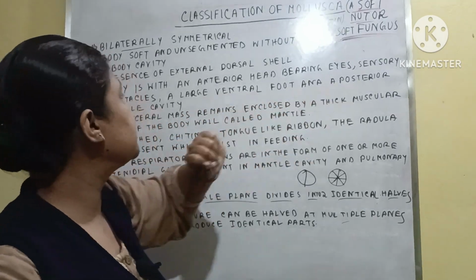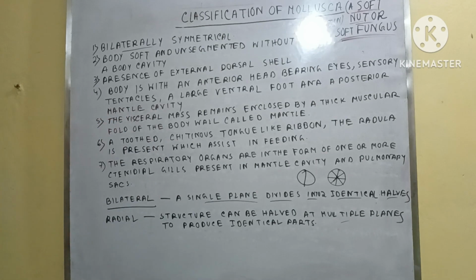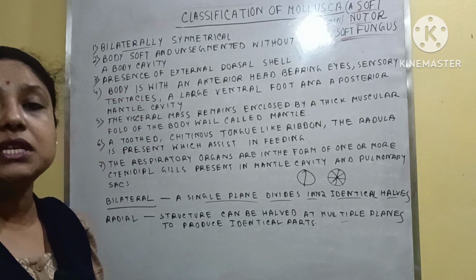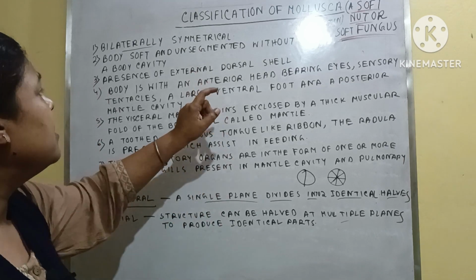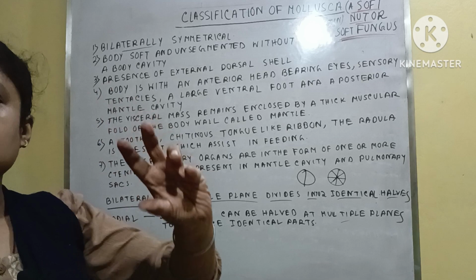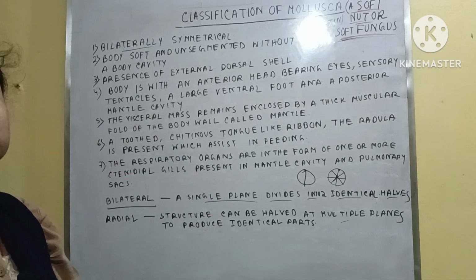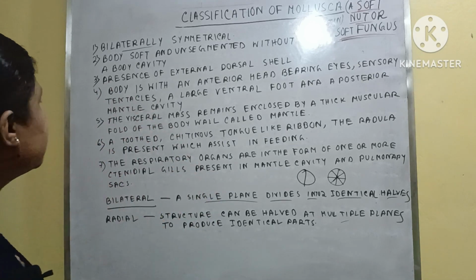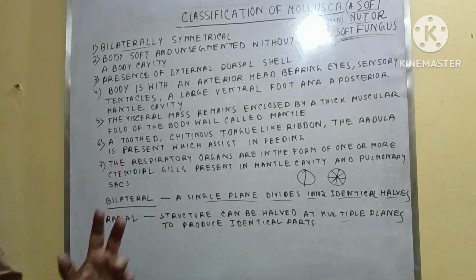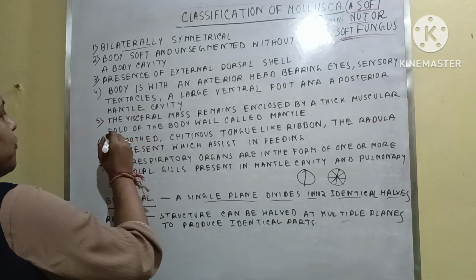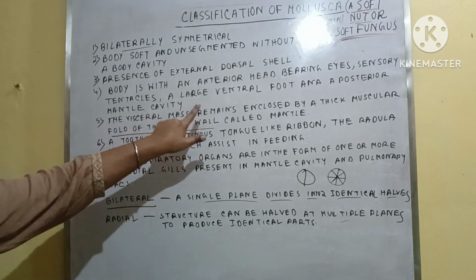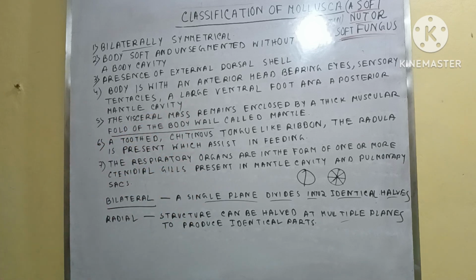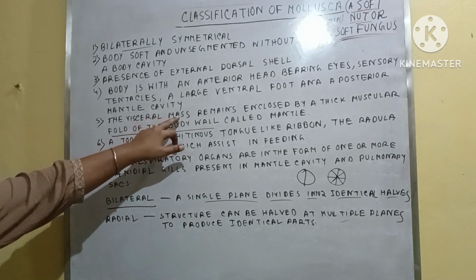And on the posterior side is the mantle cavity, and within the mantle cavity is the visceral mass, except for the head, ventral foot and tentacles. And what is the mantle cavity? The mantle cavity is nothing but the folding of the body wall, and within this folding of the body wall, the mantle, there is the visceral mass.